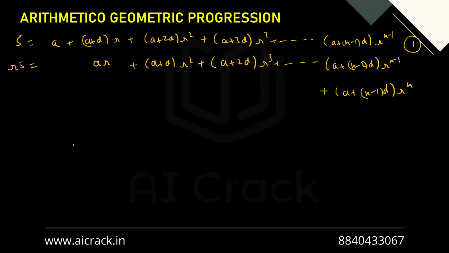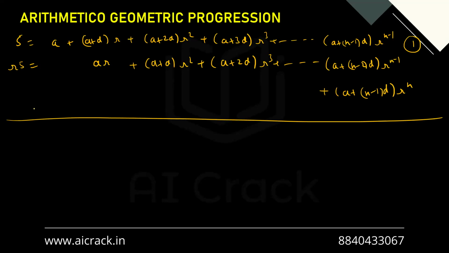Okay. Now we have to subtract both of them. So we'll be getting S times (1 - r) equals to, this would stay as it is because we don't have a corresponding pair over here, right? Plus, if we subtract this from this, what we'll be getting? We'll be getting dr, right? Over here, we'll be subtracting this from this, and what we'll be getting? We'll be getting dr square. Over here, we'll be getting dr cube.